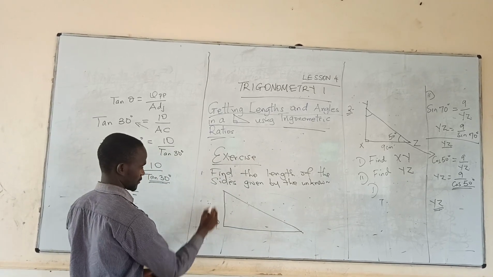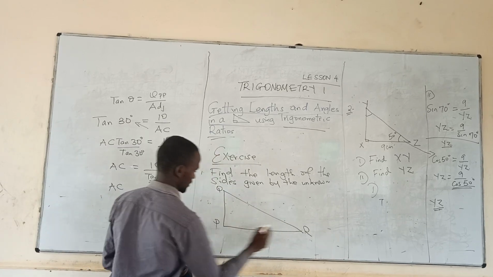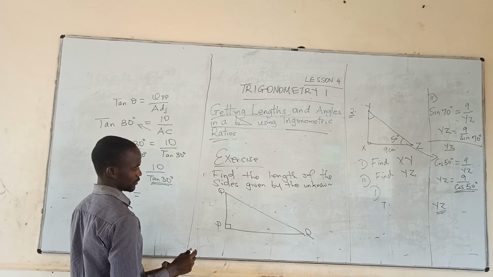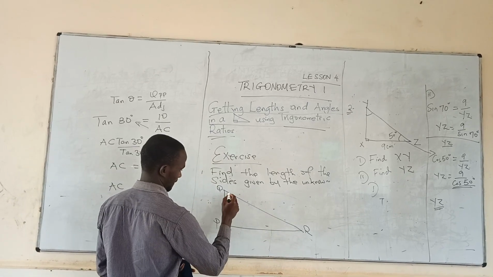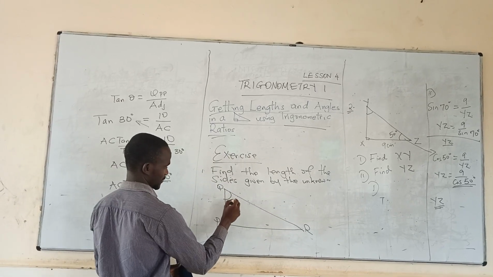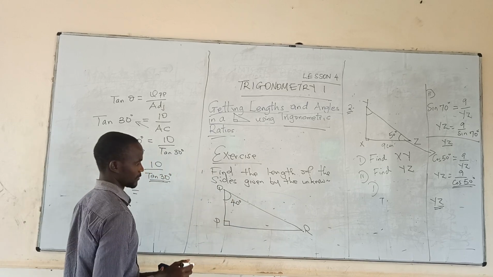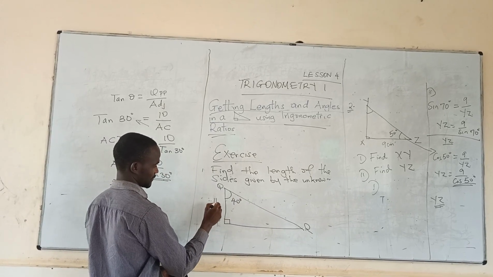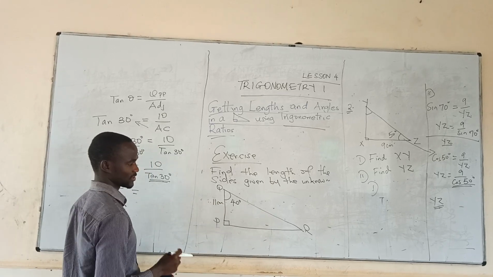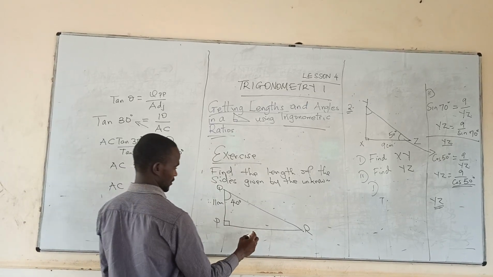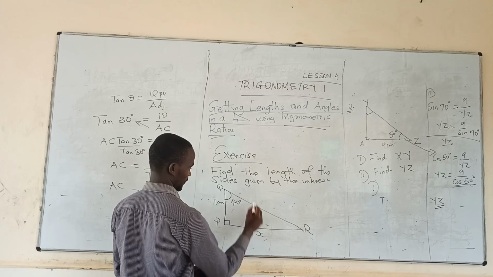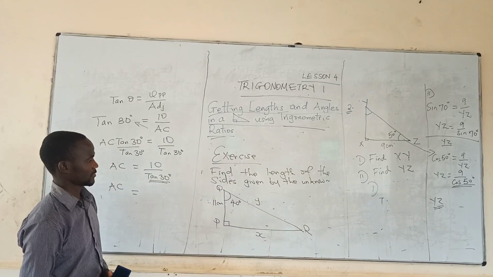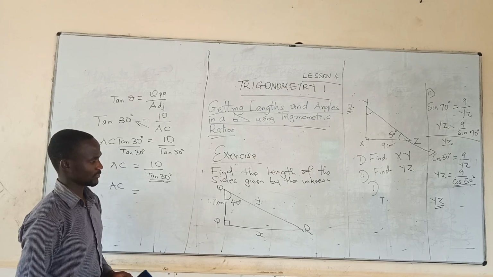We have PQR, that is a right angle triangle. Let's say we have 40 degrees there. We have 11 centimeters. I want you to find x and y in this particular question.